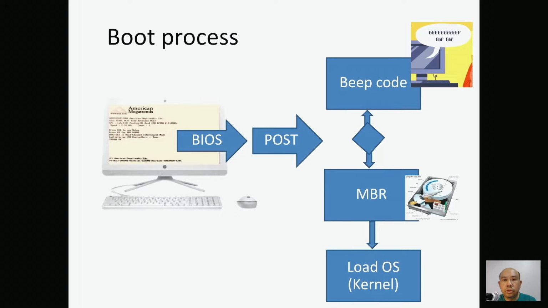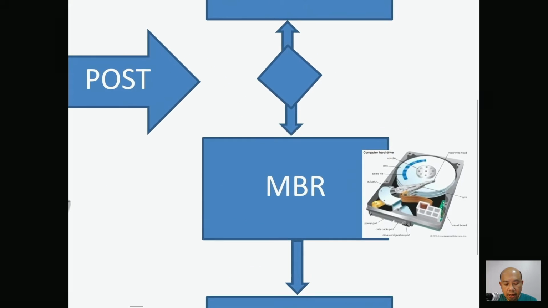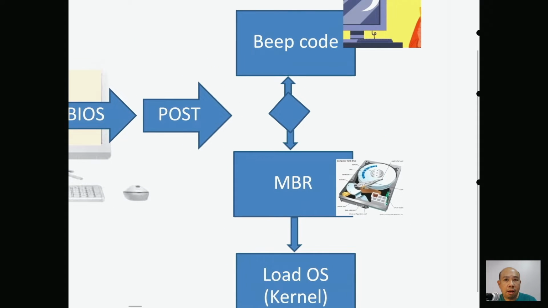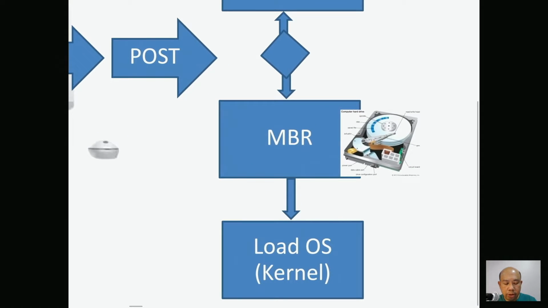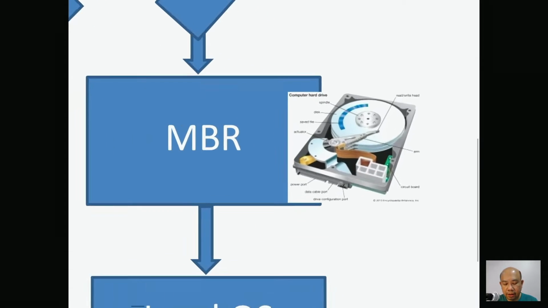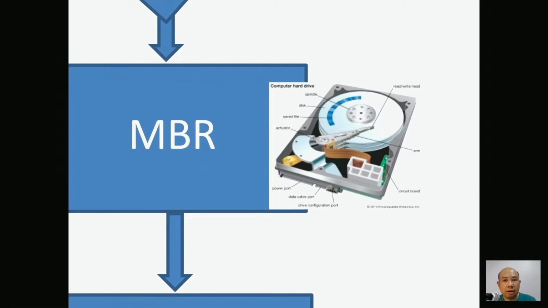You should check the beep code error from the beep code tables, which you can search for on the internet. After all the devices are checked, it does the master boot record read. That means reading the first location, a partition on the hard drive or solid state drive.